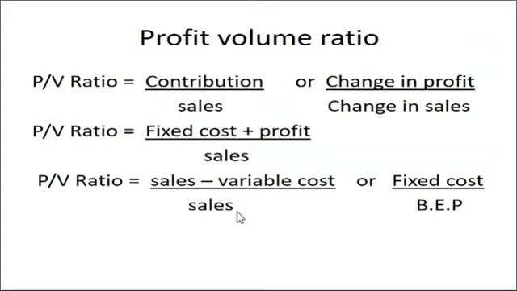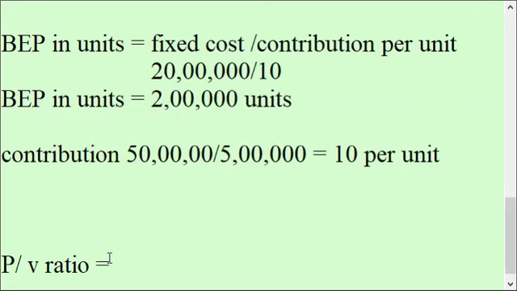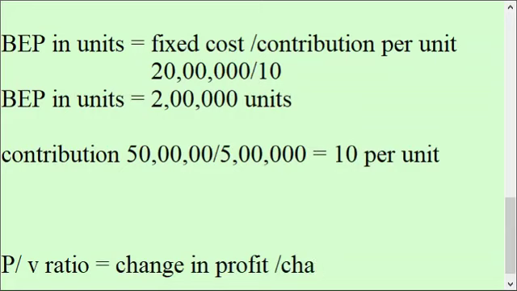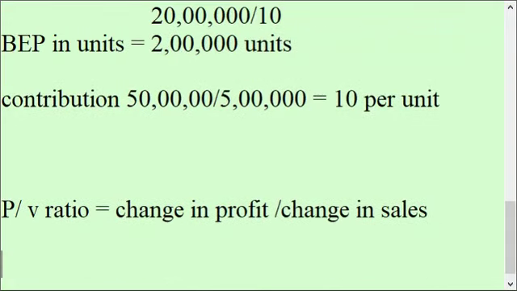Variable cost also they have not given. Okay, fixed cost plus BP divided by BP is there. BP also they have not given. So here, change in profit divided by change in sales. So this formula we can apply here. So PV ratio is equal to change in profit divided by change in sales.